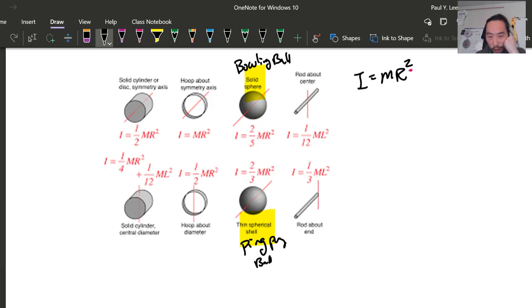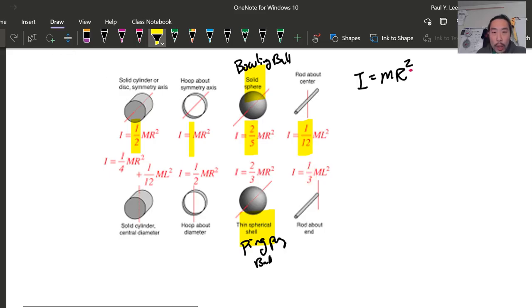So according to this chart, hopefully you're seeing that each one of these has m r squared, m r squared, m r squared. This one is m l squared, but that's basically r squared. So they all have this m r squared. But the thing that separates each of these situations is the constant in front of it. Here we have a 1/2, here we have a 2/5, there's a 1 here, a 12th, a third.